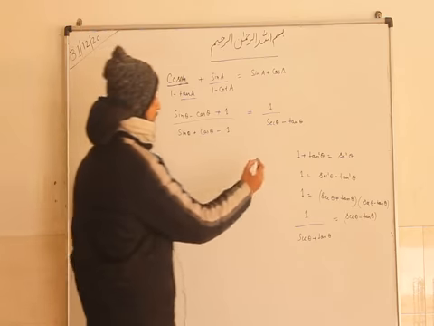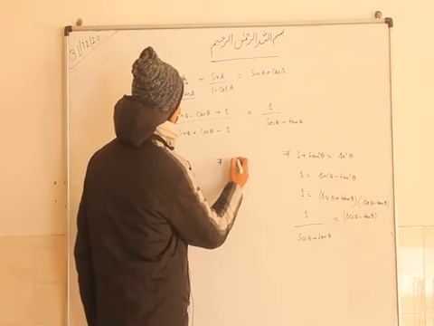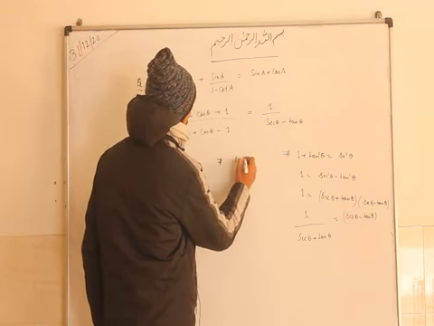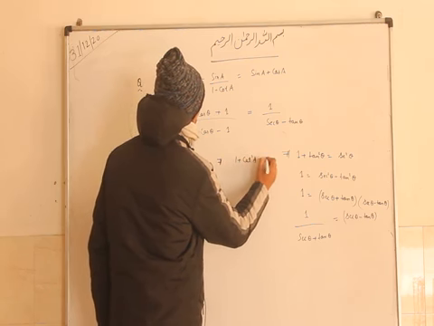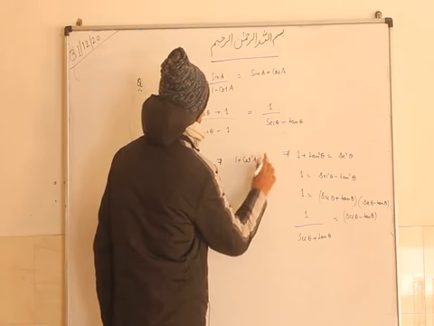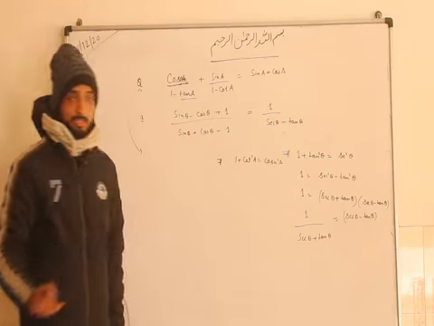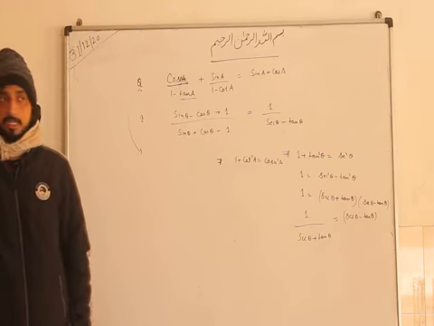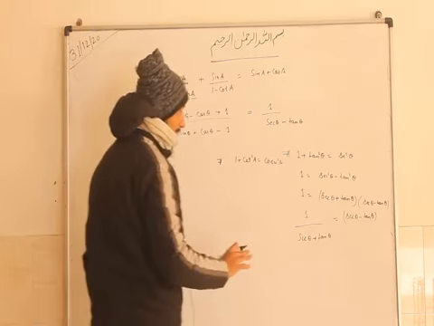Same identity. This is the same one: 1 plus cot square theta is equal to cosec square theta, right? So 1 plus cot square A is equal to cosec square A. That you have already learned. So from that also we can find the same property.